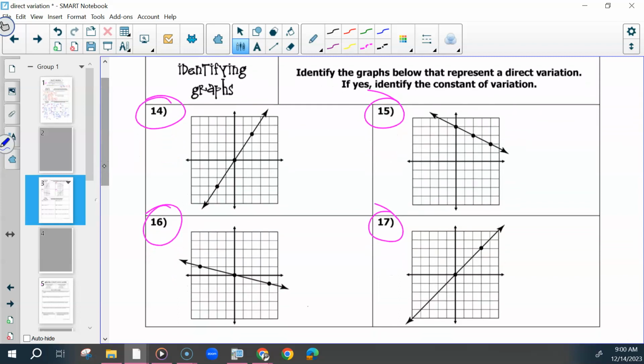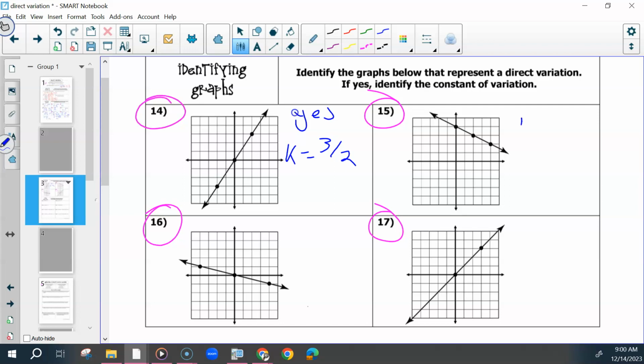So in your graph, in order for it to be direct, the k has to be constant throughout all of your points, like your slope, and your y-intercept has to be 0. Is 14 direct? Yes. And then what would your k value be? 3/2. Would 15 be direct? No. Why not?